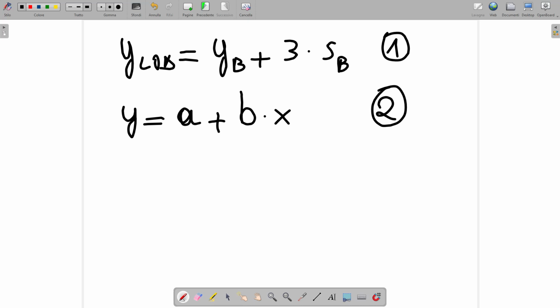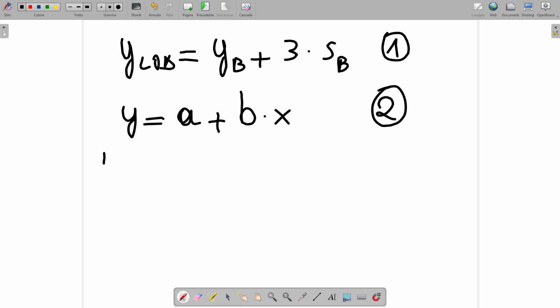Okay. Now, the blank is when concentration x is 0. When the concentration x is 0, how much is y? It is equal to the intercept.